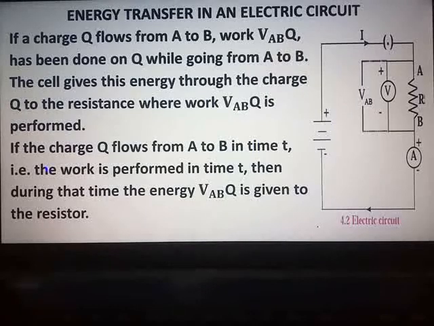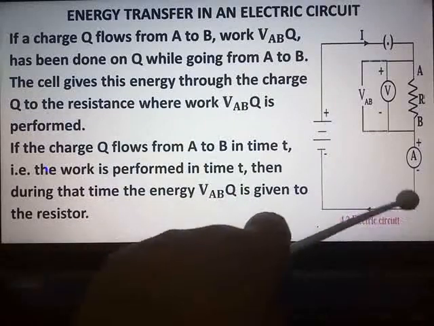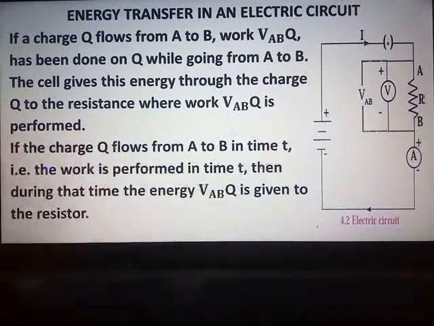Now here you can see that potential at A is higher than potential at B. Why? Because point A is connected to the positive terminal or the positive electrode of the cell, and point B is connected to the negative electrode of the cell. So this is our electrical circuit setup.